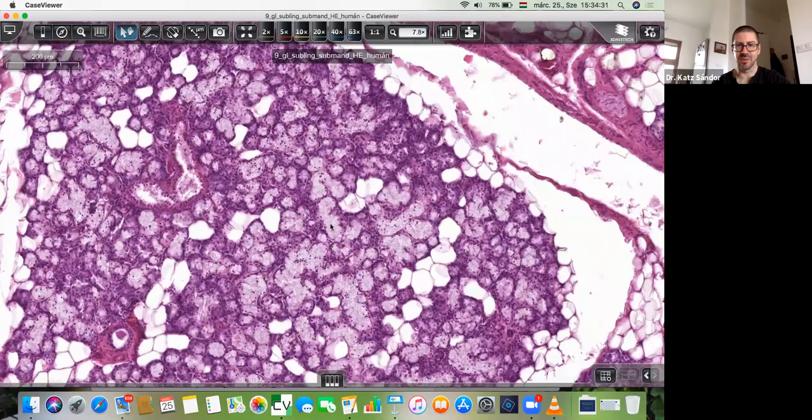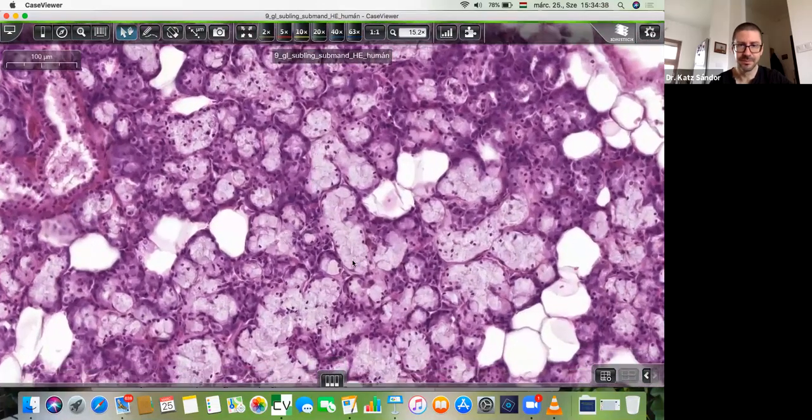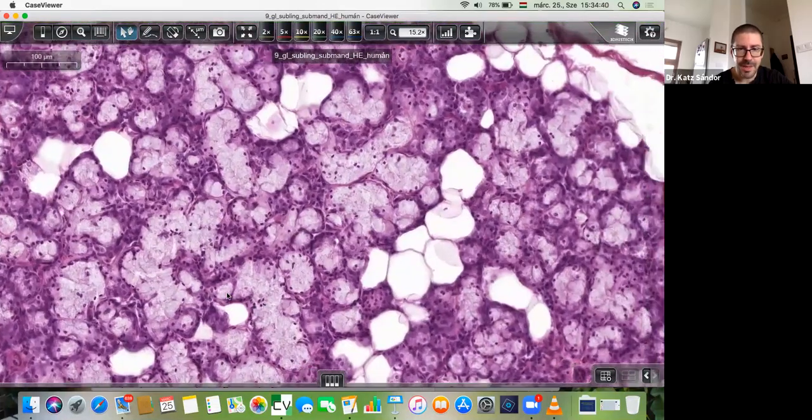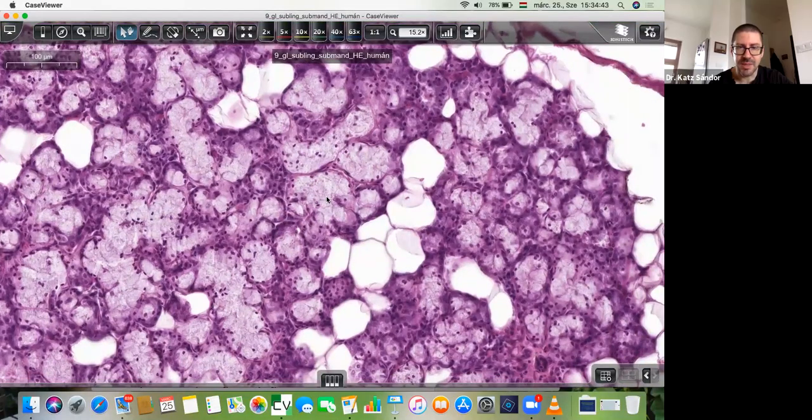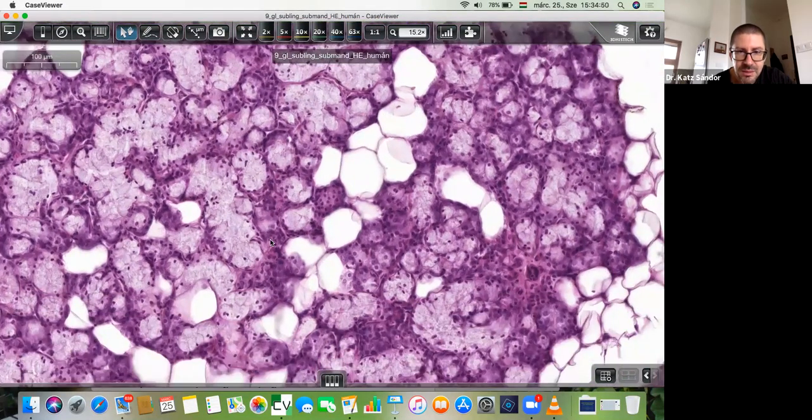These are the mucous acini, and among them we have some serous acini as well, but mainly mucous acini are presented. So these are mucous, and these darkly stained ones here are serous acini. Here we have adipocytes, definitely, but not as many as in the submandibular.